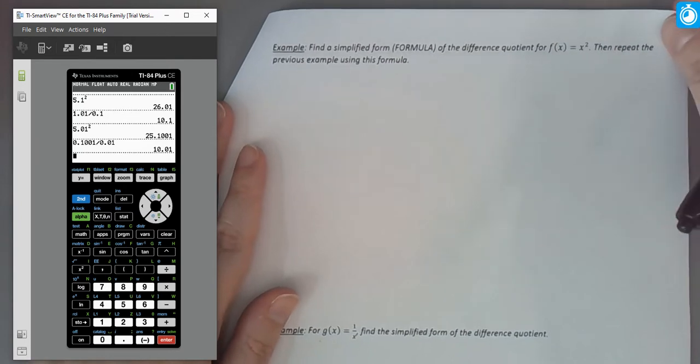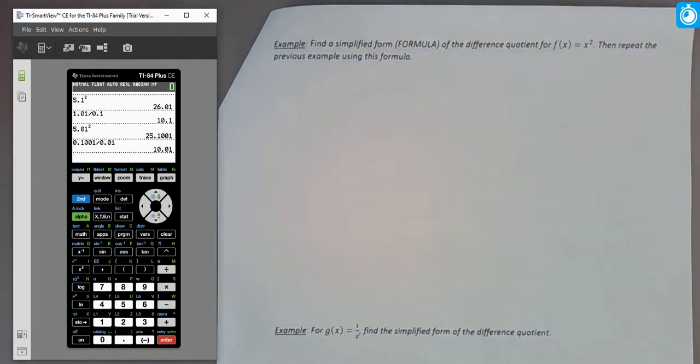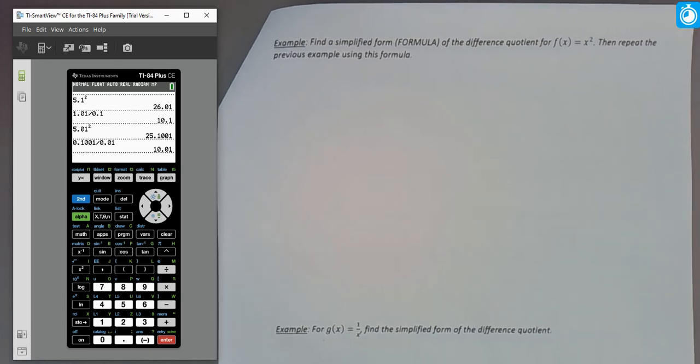Taking that difference quotient and then determining what the formula would be for the difference quotient with different function values, different function rules. So we want to find a simplified form of the difference quotient for that same function that we just looked at, f of x is equal to x squared. And then we want to essentially do what we did in the previous example, but use this formula and see how much less time it takes once we can use the formula rather than having to start from scratch and do all those individual calculations every time.